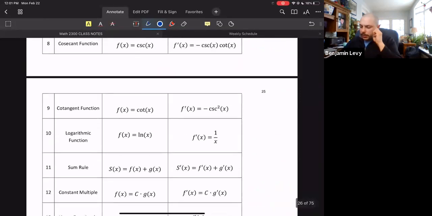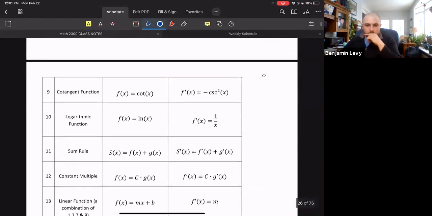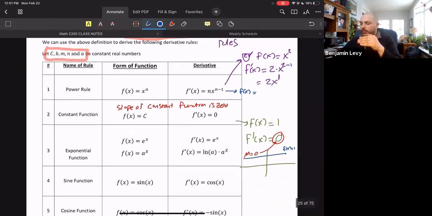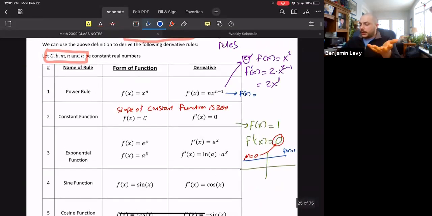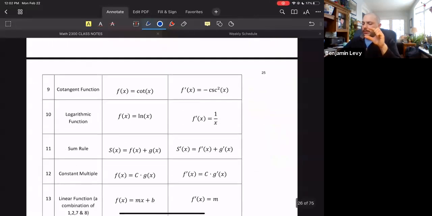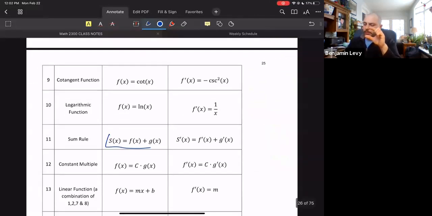Where's the sum rule? Yeah, the sum rule. Okay, so real quick, one of the questions that Josh had asked was what happened with the x squared and the plus 1. Those are two separate things, and I just want to point out that that was the sum rule.